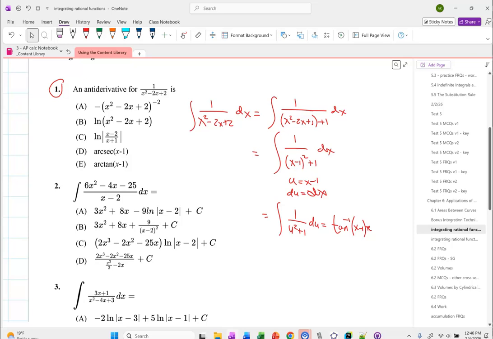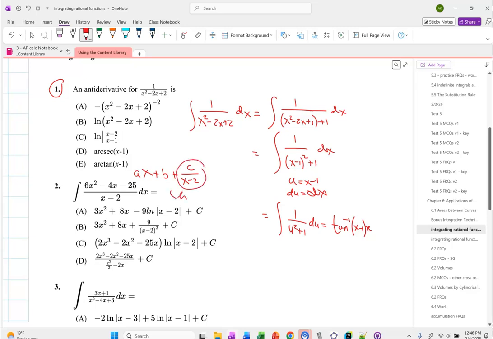Which one should 2 be? Has to be A. Because I know I'm going to get like an AX plus B plus C over X minus 2.